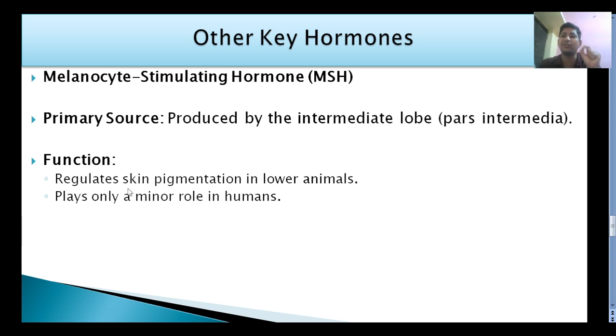MSH regulates the skin pigmentation, and in humans it has a very minimal role. MSH does not influence pigmentation in humans, but in lower animals like fishes and amphibians, it is very important. And remember, the intermediate lobe of the pituitary gland secretes only one hormone. That's why it is very important for competitive exams.